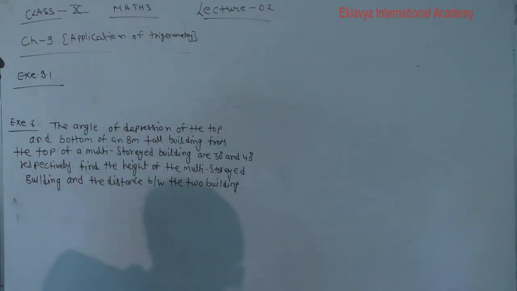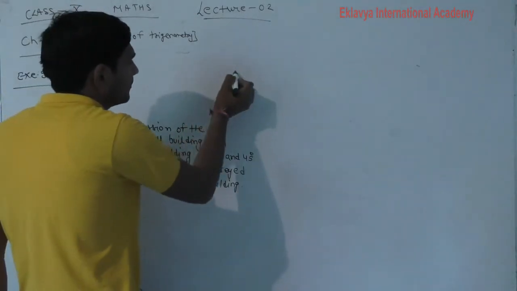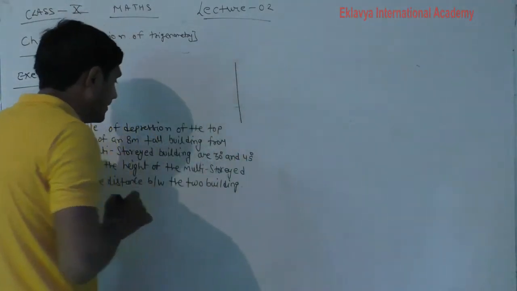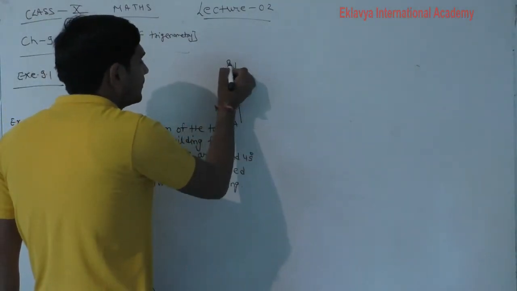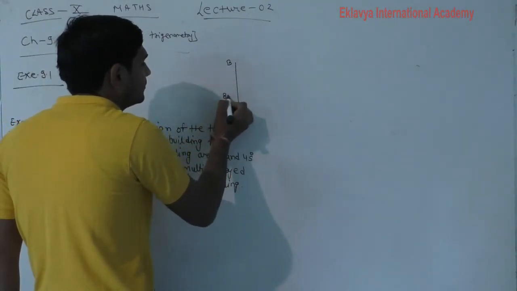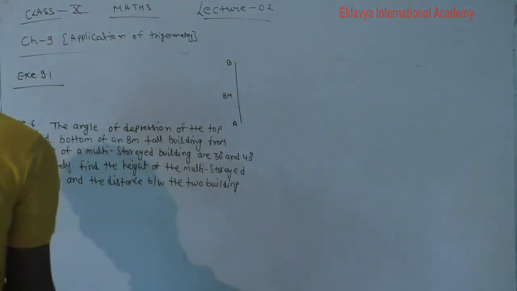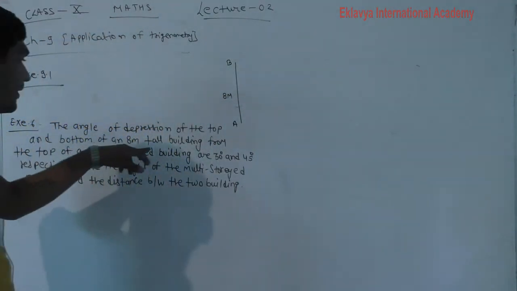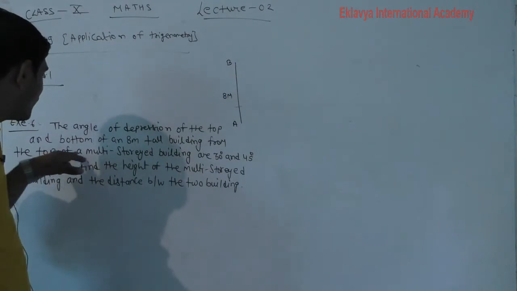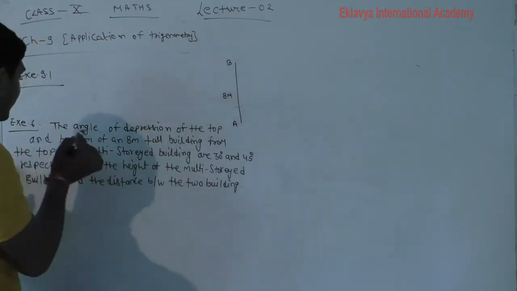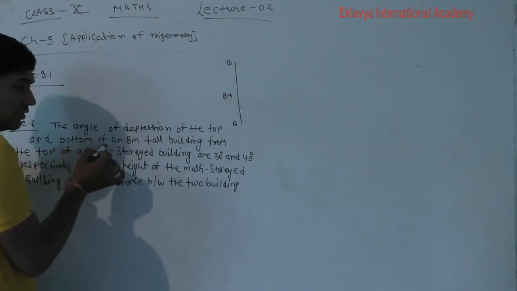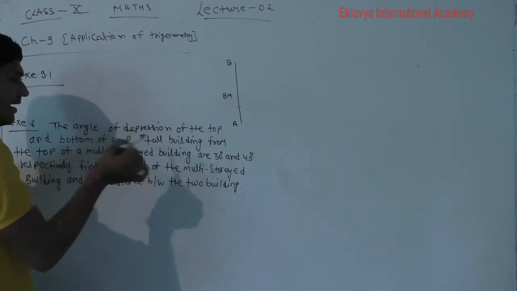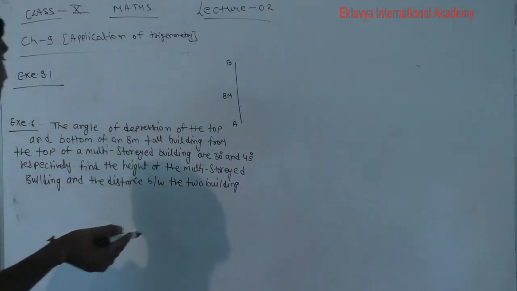So students, how will we find out? First of all, we consider AB is the 8 meter tall building, and the top of the multi-story building. The angle of depression of the top and bottom of an 8 meter tall building from that multi-storied building.